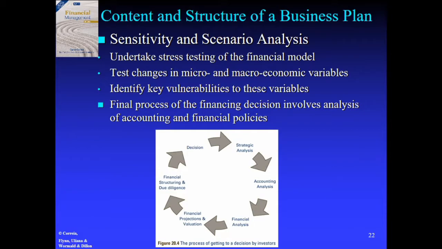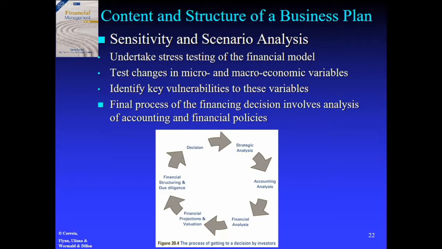So if we have a look at the business plan and the financial projections that are in the business plan, you will understand that these are based on assumptions and specific best estimates. So it is important to include in the business plan a what-if analysis. And this will be done by outlining the impact that changing estimates will have on the future profitability of the business, the impacts on the statement of financial position, and the statement of cash flows and the valuation of a business.